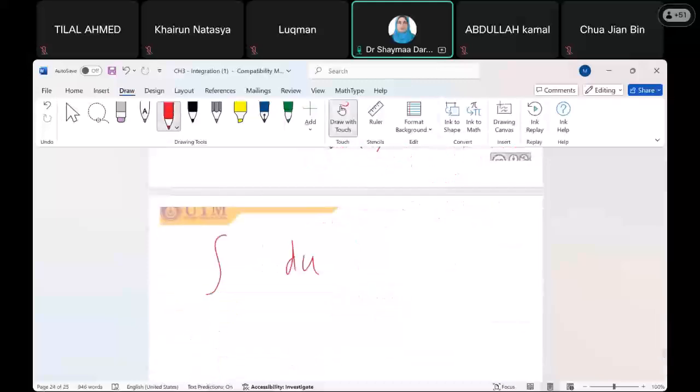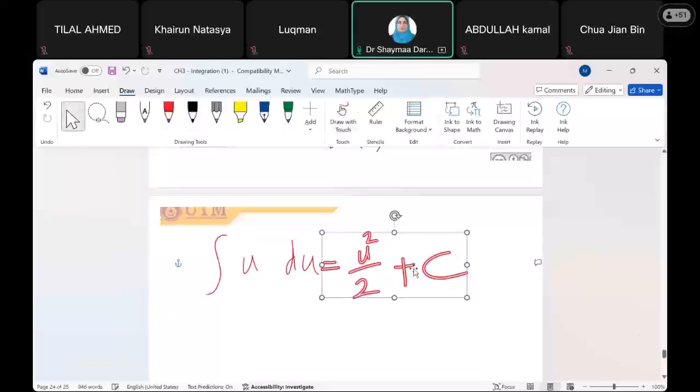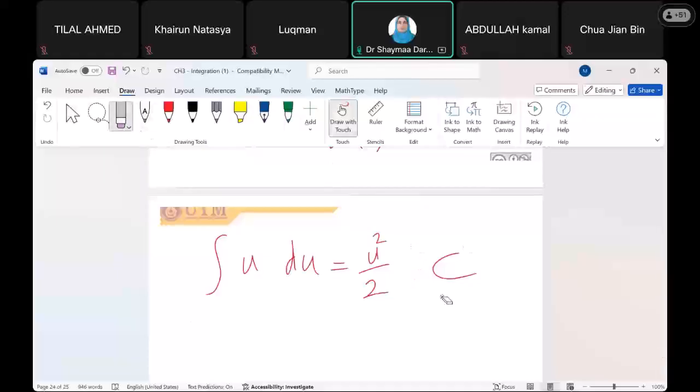So the integration of u du means u squared over 2 plus constant. Sorry, not plus constant, because this is the finite integral. So u squared over 2 has to be written in terms of x first.